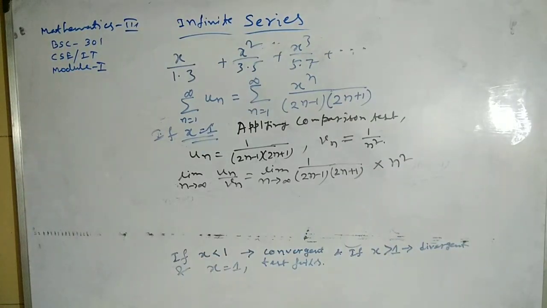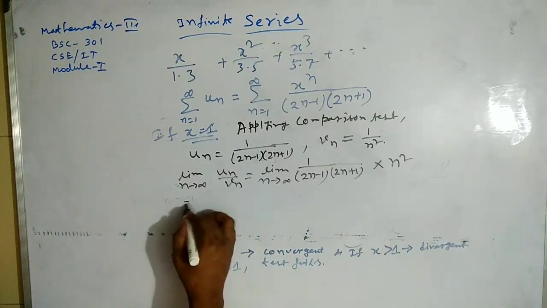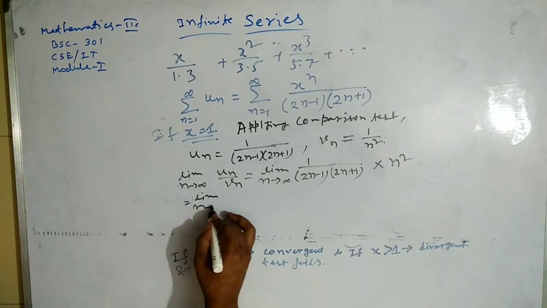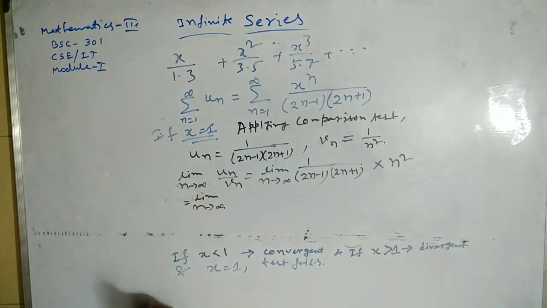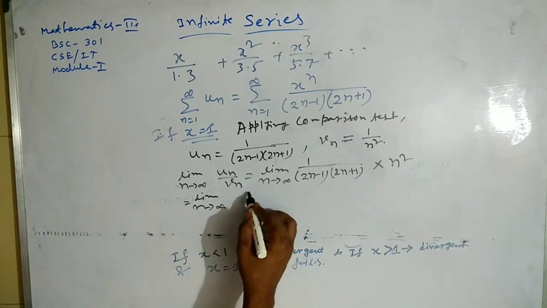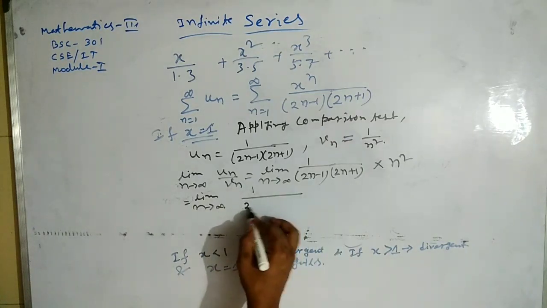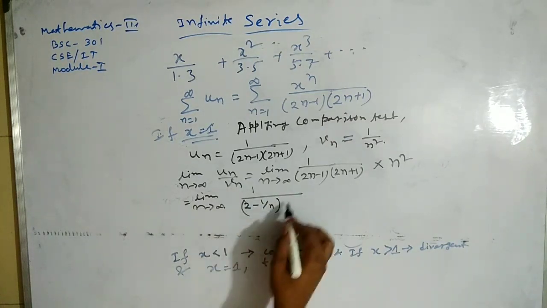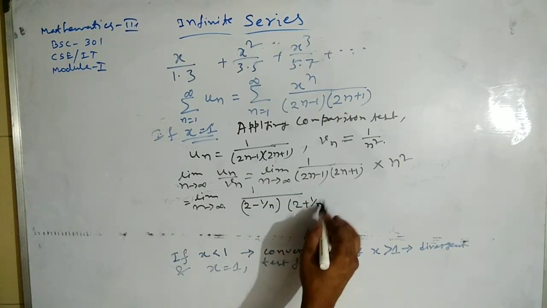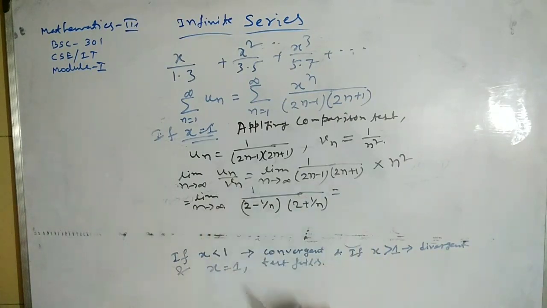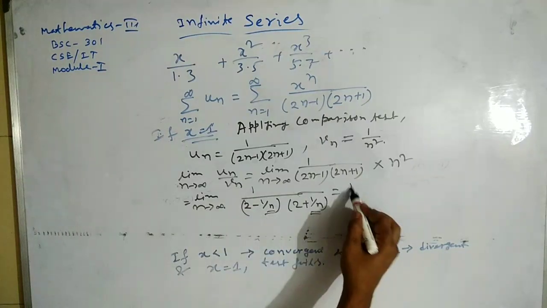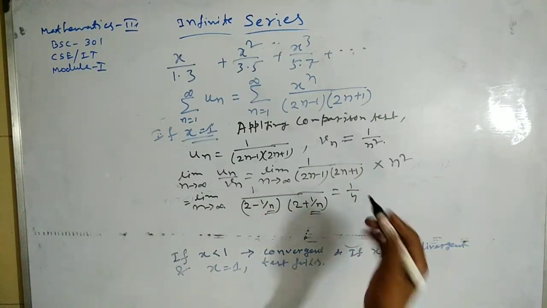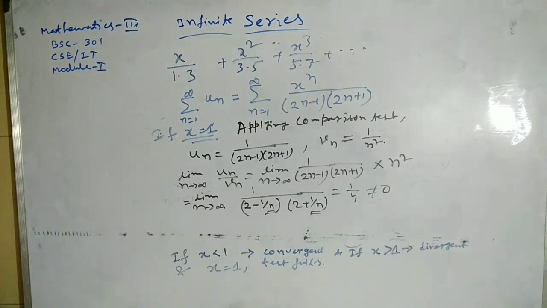Now I am dividing by n square in the numerator as well as in the denominator. So it will be 1 by (2 minus 1 by n) into (2 plus 1 by n). Since n is tending to infinity, these terms will be 0. So the limit will be 1 by 4, which is a non-zero finite real number.